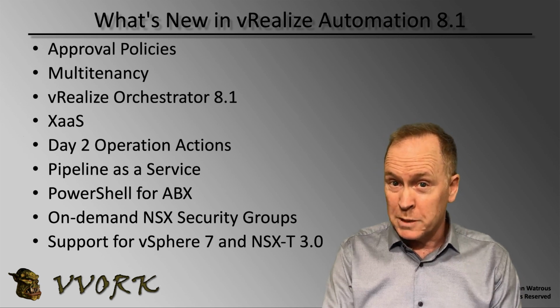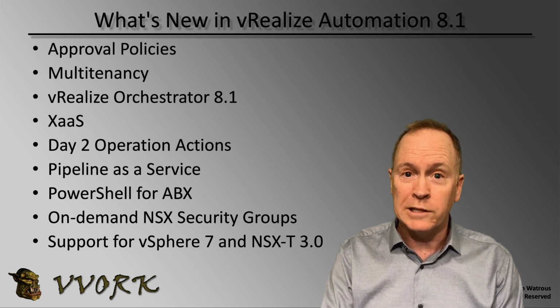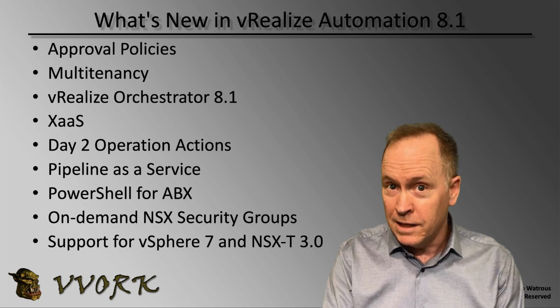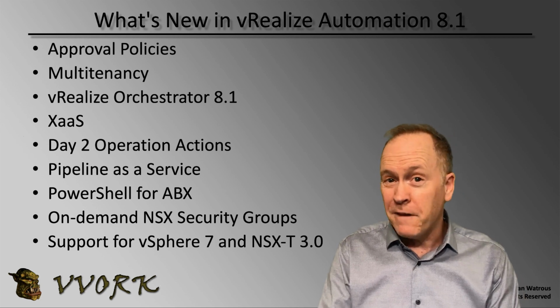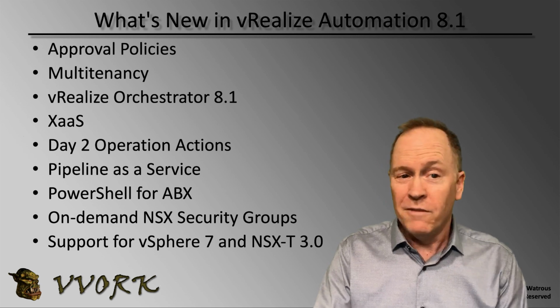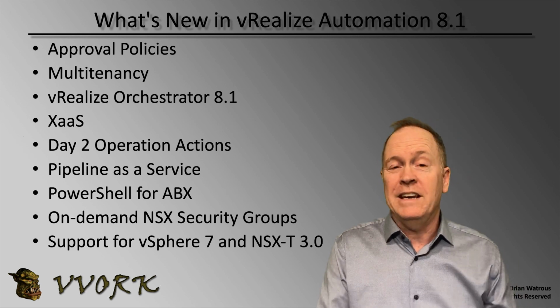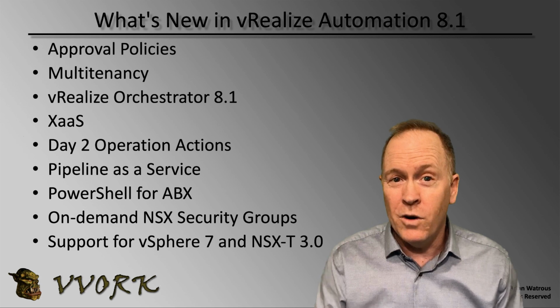So from the user perspective, they get to request new types of things in the vRA service catalog without having to learn a new interface, without having to learn vRO, without even having to know that there's any vRO involved.